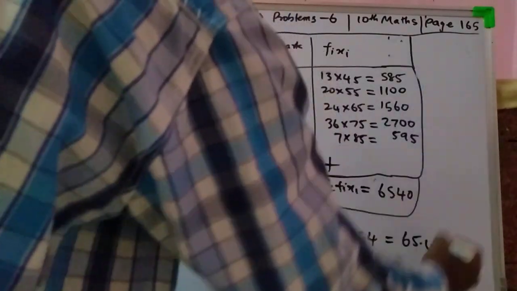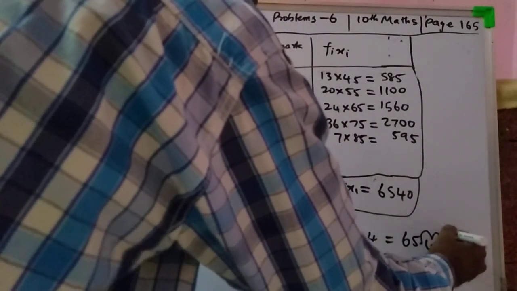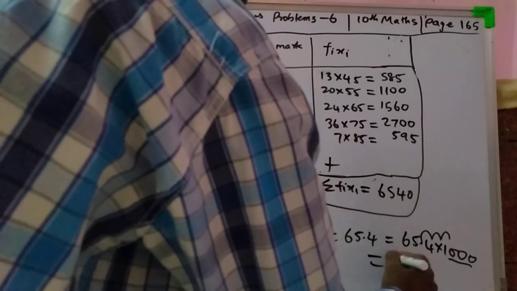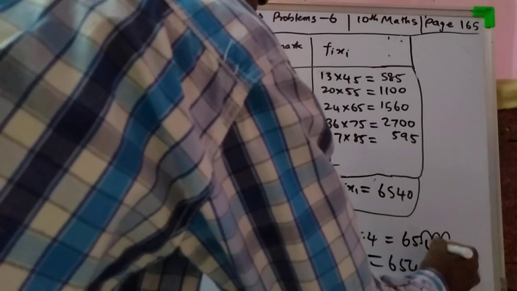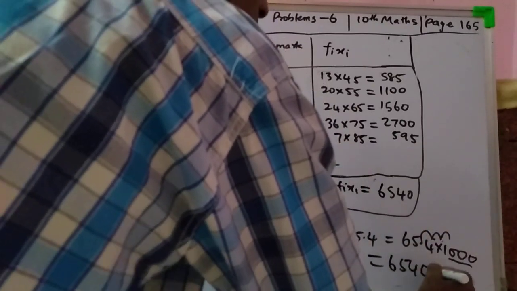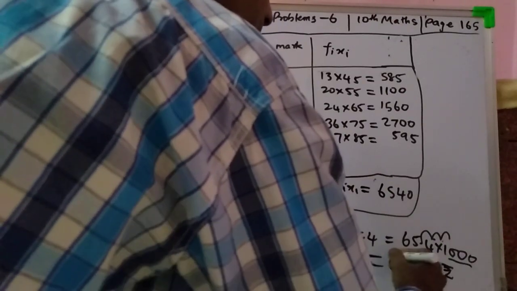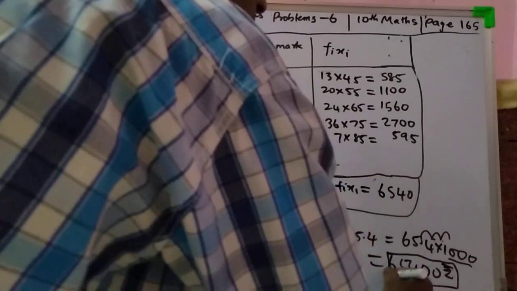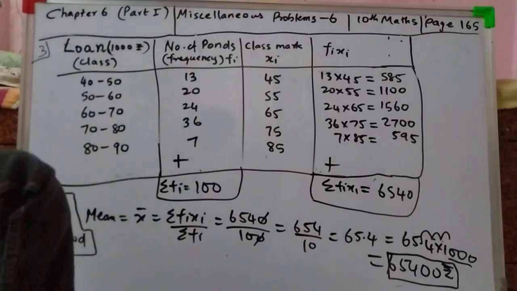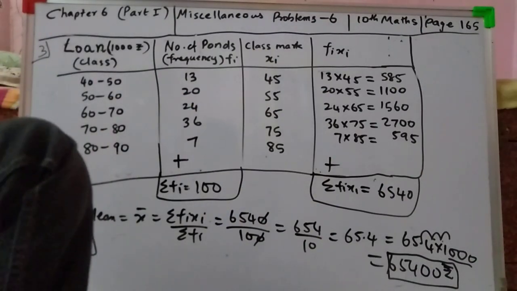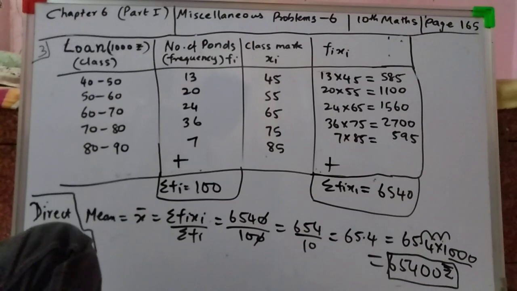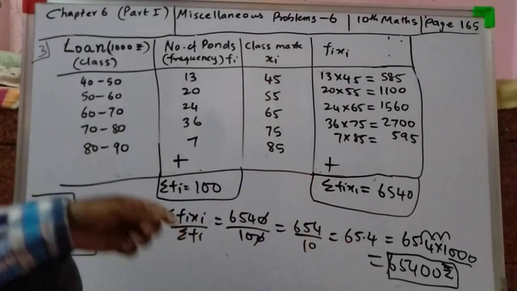The point will go like this, 1, 2, 3, because 3 zeros are there. Because 6, 5, 4, 1, 2, 0. That's all, rupees. So this is the final answer, 65400. I hope you got this. Next we'll do the next problem.